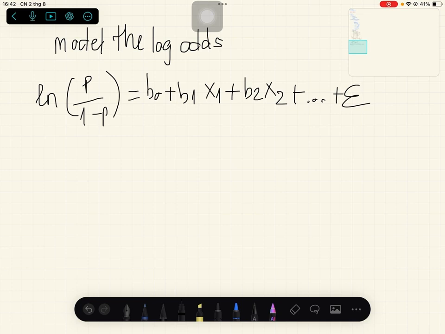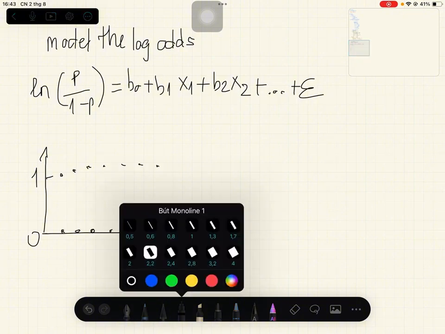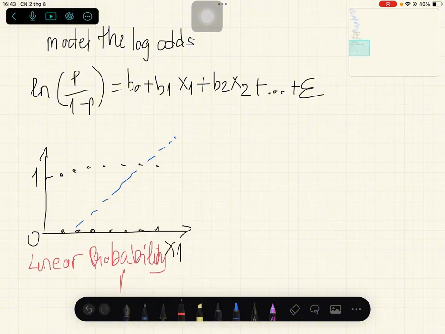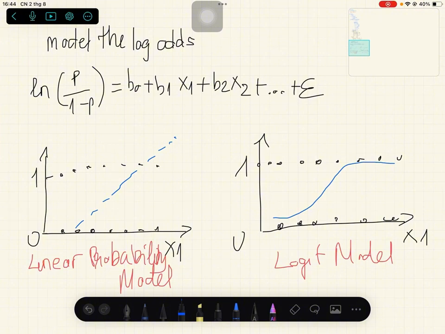That's the one biggest advantage of logistic regression. No impossible probabilities, no negative probabilities, no probabilities greater than 1. The model naturally respects the rules of probability.